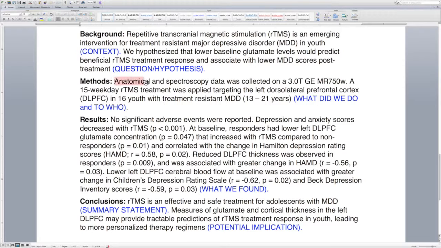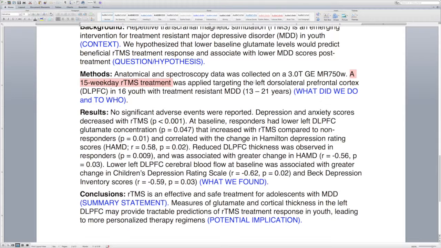With the methods, we talked about how we collected our data, what sort of intervention we did, and that our team has treatment for 15 weekdays, applied to this particular part of the brain. In who? What was our sample? In this case, it was a pilot report from our sample where we talked about how it was 16 youth with treatment-resistant depression between these ages.